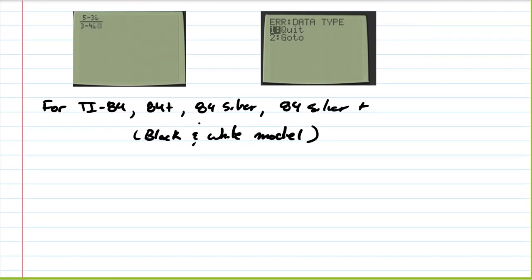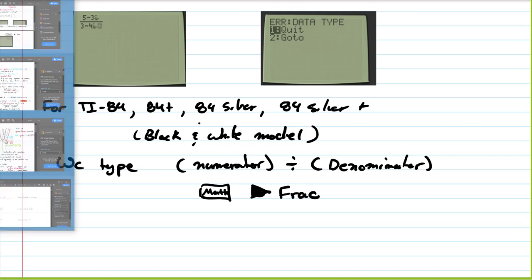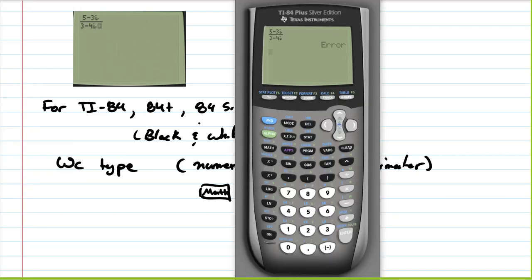We have to type it in numerator divided by denominator. And then we're going to press our math key and choose fraction. So for us to do that problem, we would type it in this way.